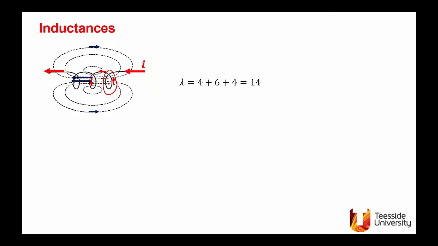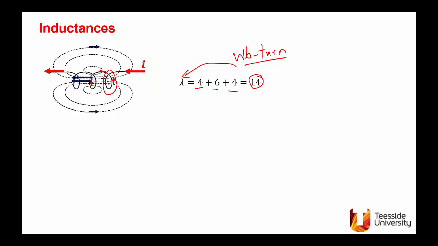You look at the flux that is linking every turn of the coil. The first turn is linked by 4, the middle turn by 6, the last turn by 4. So the total is 14, and that's actually 14 weber turns. That's the units of flux linkage.